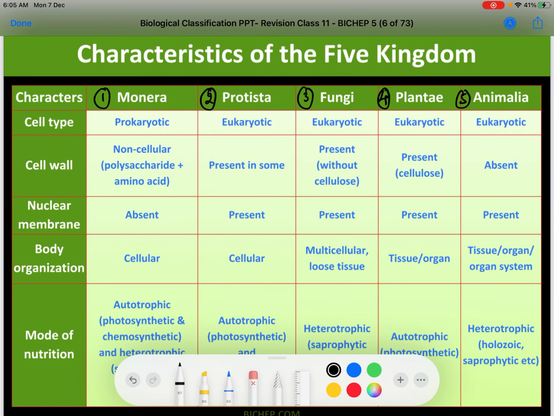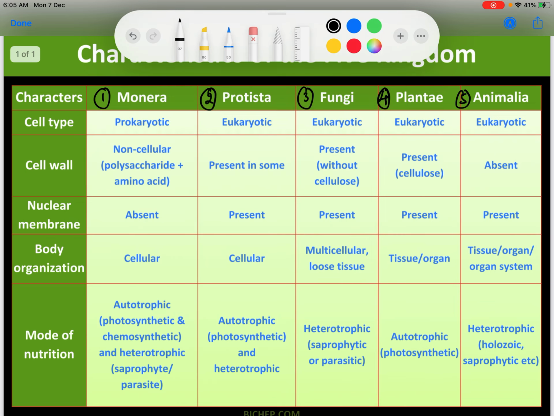Now those 5 kingdoms are basically differentiated with particular characteristic features like cell types, presence of cell wall or not, types of nuclear membrane, their body organization, and their mode of reproduction and mode of nutrition.